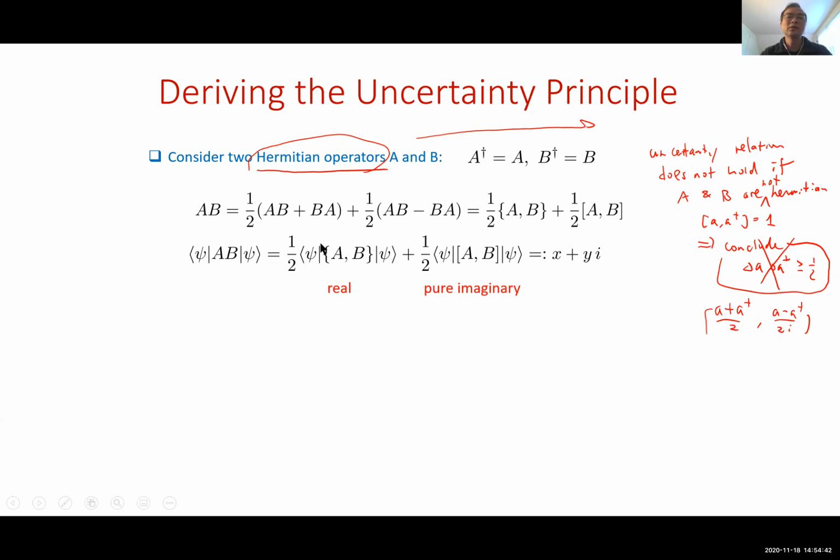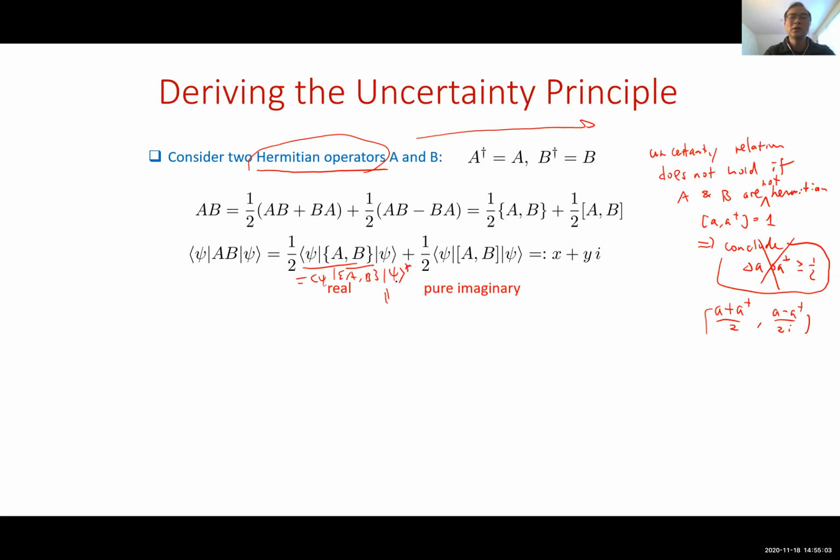Because the anti-commutator is symmetric, and individually they are Hermitian.